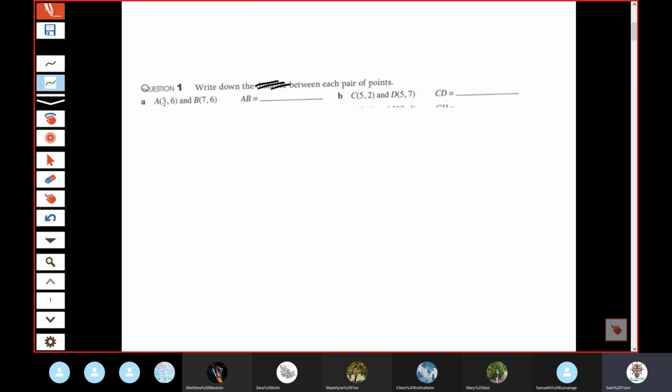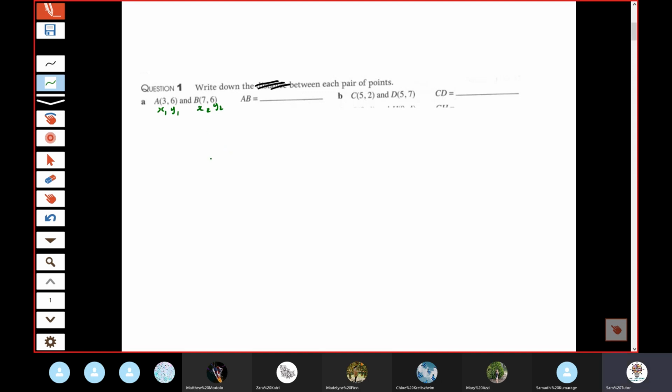Your x's are always in the x placement, and your y's are in the y placement. So x1 is your first point's x value, y1 is your first point's y value. x2 is your second point's x value, y2 is your second point's y value.